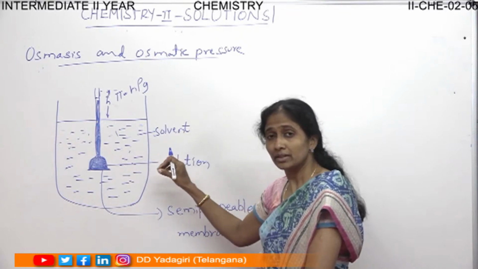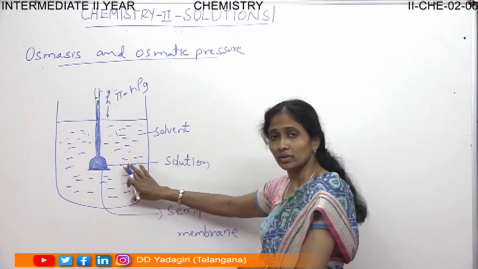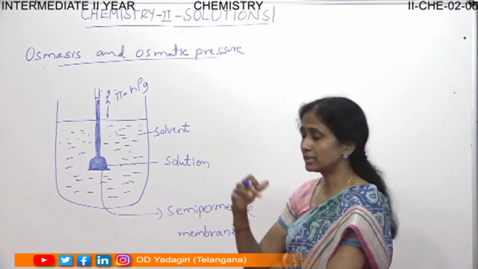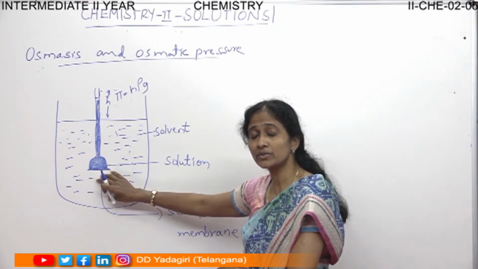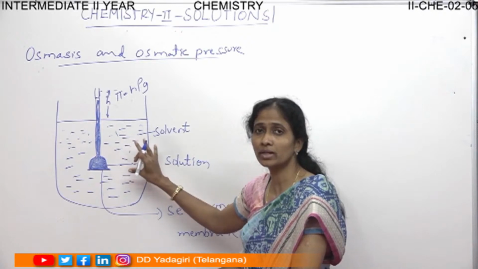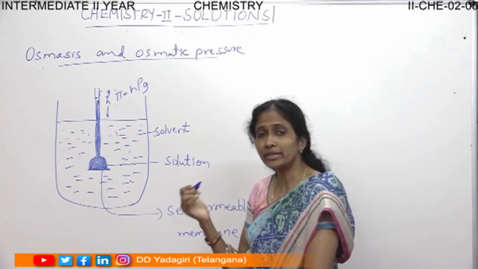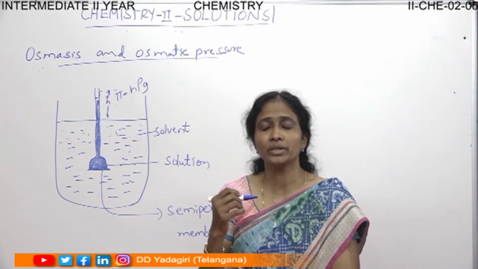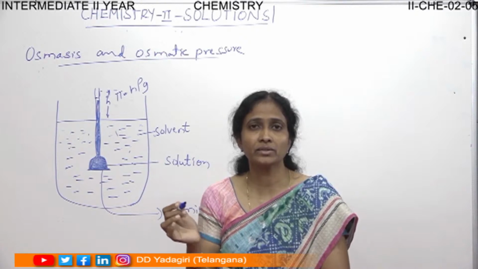So the process is happening from higher concentration to lower concentration. This is called osmosis. What is osmosis? When solvent and solution are separated by a semi-permeable membrane, the solvent molecules enter into the solution. This is called osmosis.